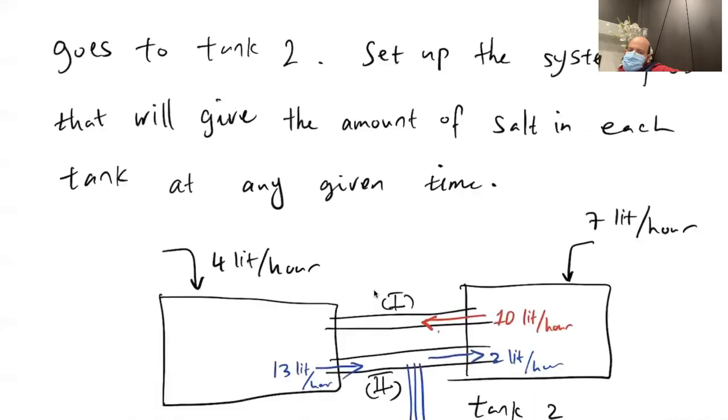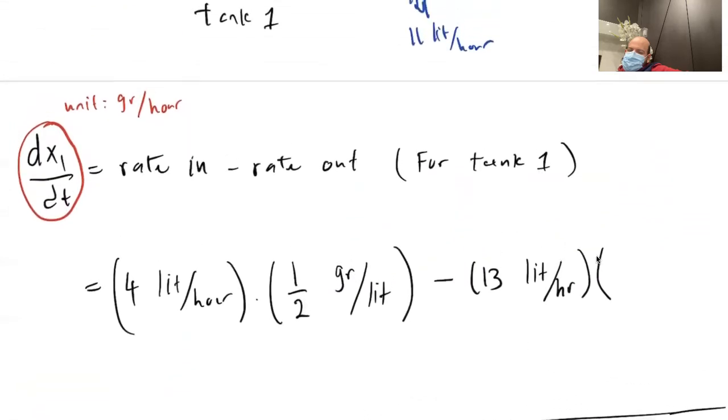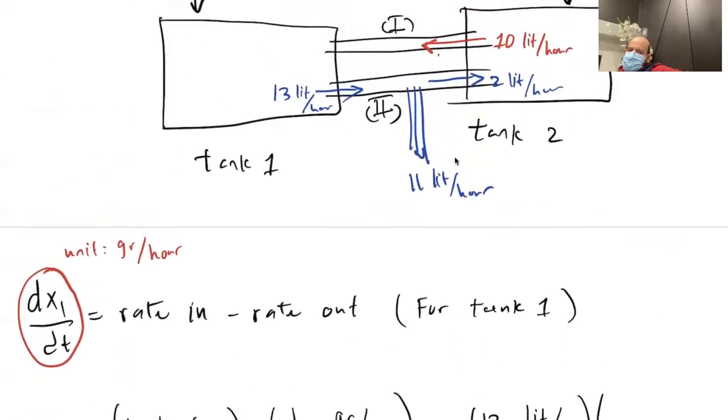So we want to know that this number must be multiplied with which number? It has to be multiplied with the amount of salt in tank 1, which is in grams, per the amount of salt water that we have in tank 1, in liters. How many liters do we have in tank 1 after time t?